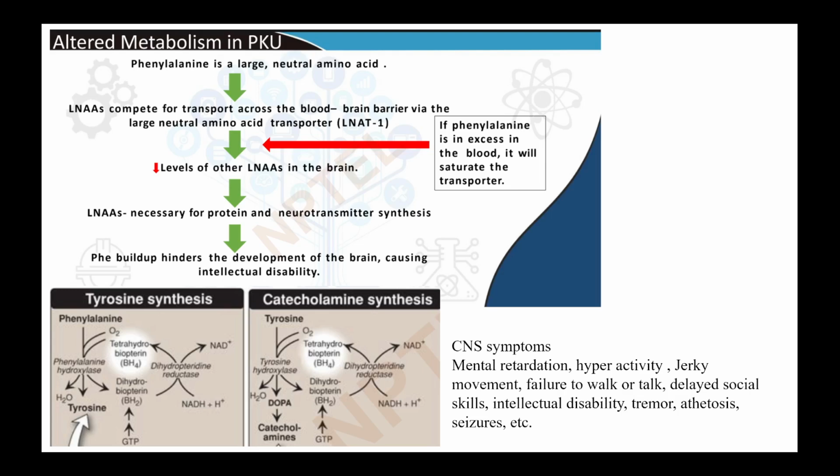When you were asking in the previous question why phenylalanine is important, this is why phenylalanine has to be restricted. Otherwise, in case of untreated phenylketonuria, mental retardation and other CNS symptoms are very common if this phenylketonuria is left untreated. Okay.